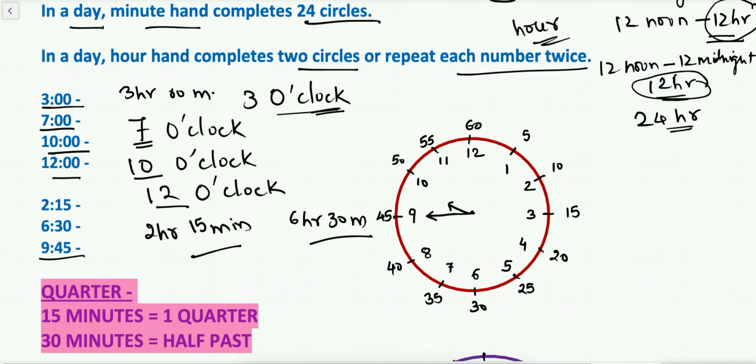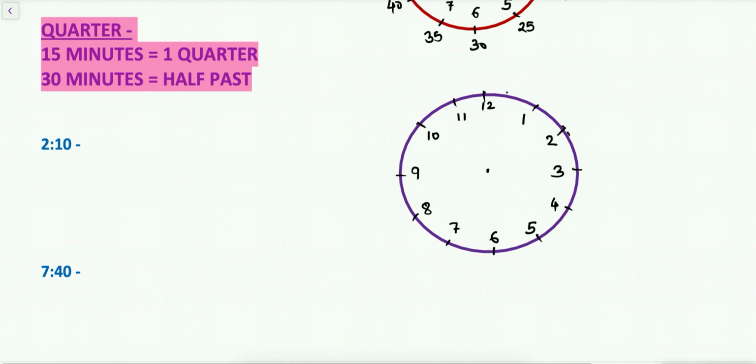Now we will see what a quarter is. One quarter means 15 minutes. So this is 5, 10, 15, 20, 25, 30, 35, 40, 45, 50, 55 and 60. So 15 minutes is equal to 1 quarter.